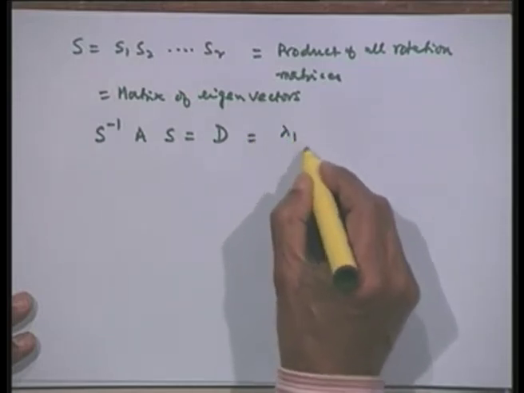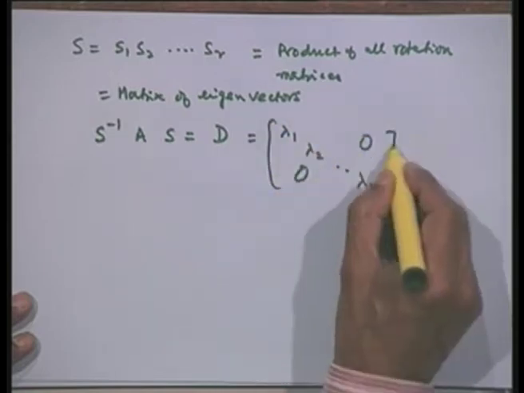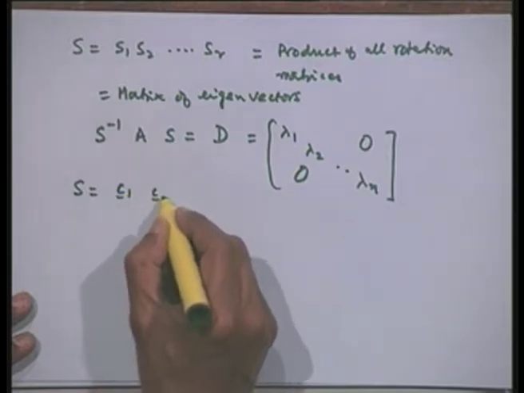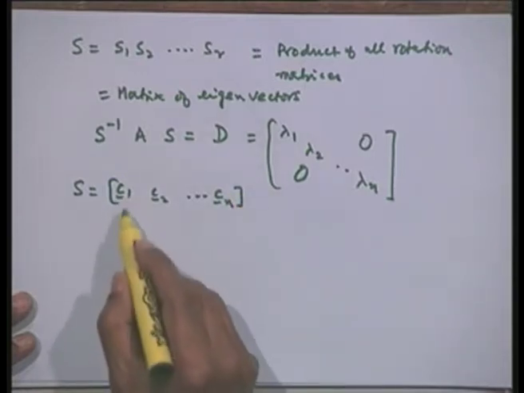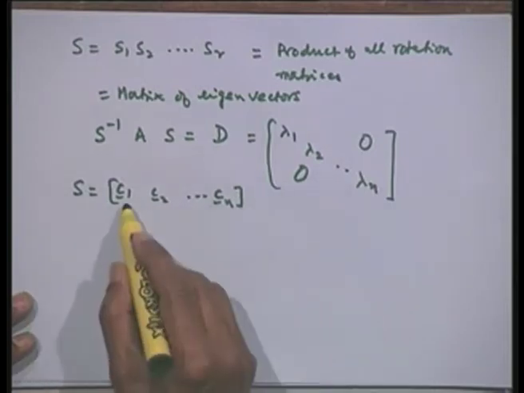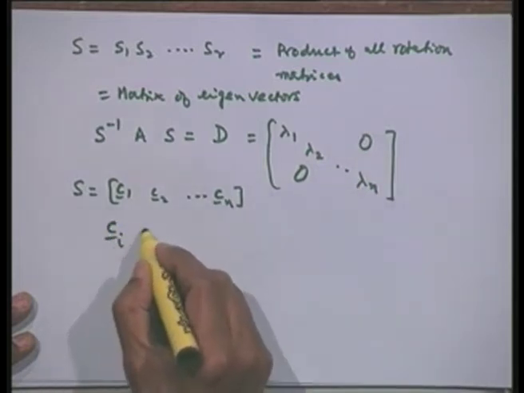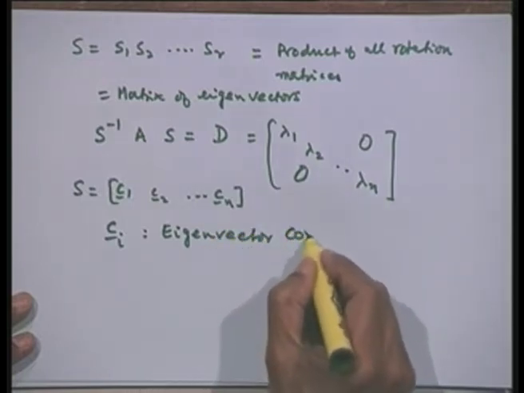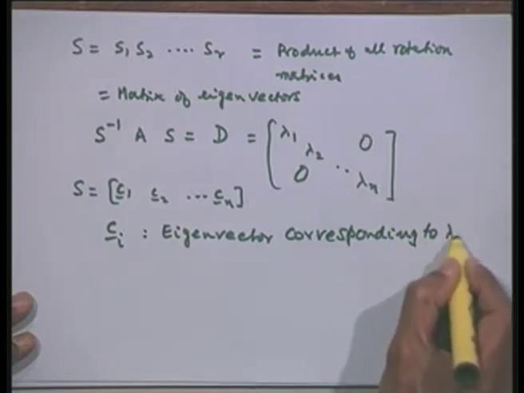Let us put this as lambda 1, lambda 2, so on lambda n, and let us write S as the column vectors C1, C2, Cn, the n column vectors of S. Then Ci will be the eigenvector corresponding to lambda i.